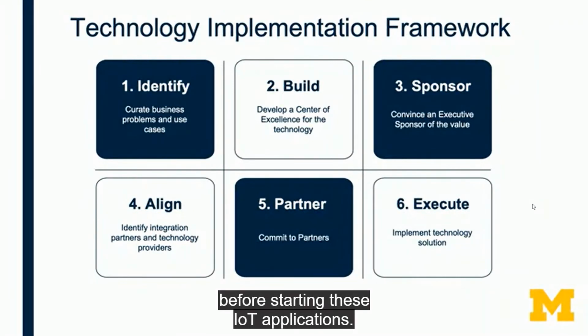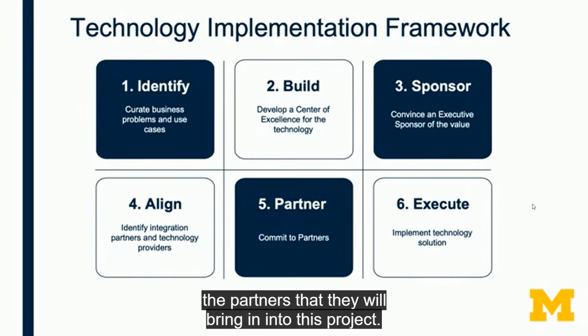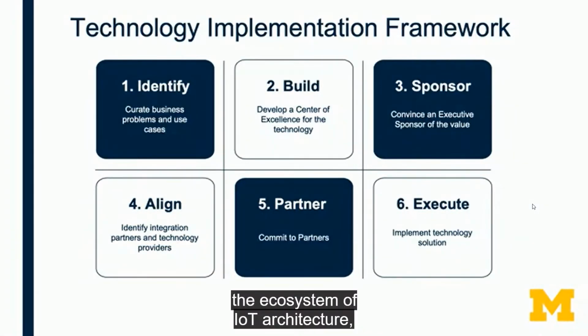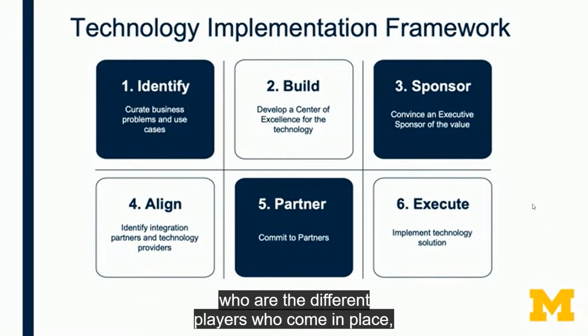Then in the fifth step, they need to identify the partners that they will bring into this project. If you recall, we talked about the ecosystem of IIoT architecture. Who are the different kinds of players who come into place? So they need to work and identify the right partners here.